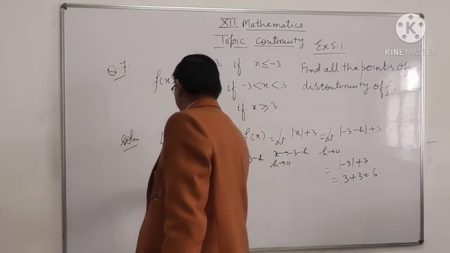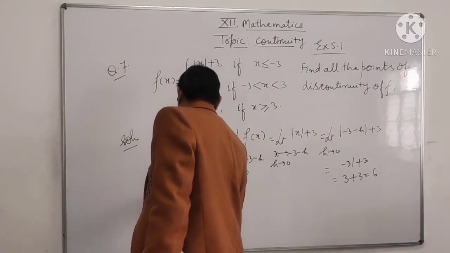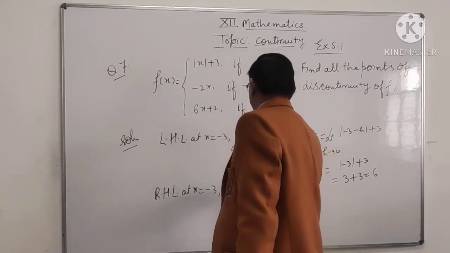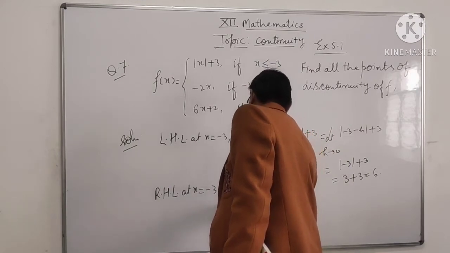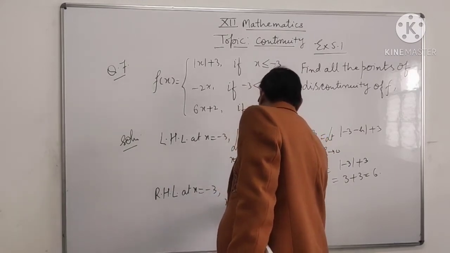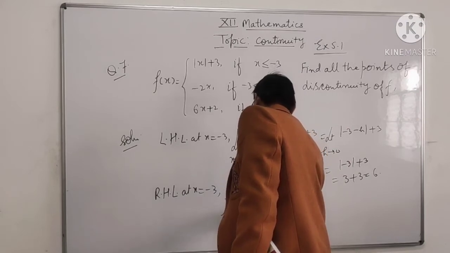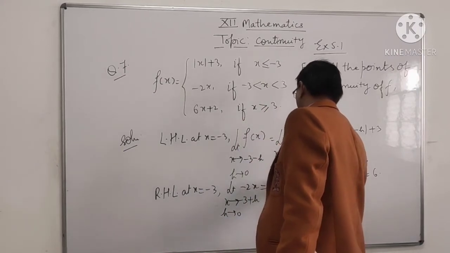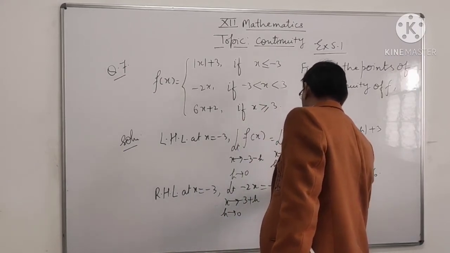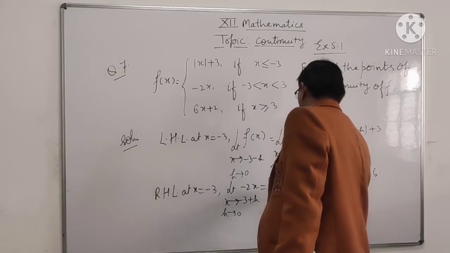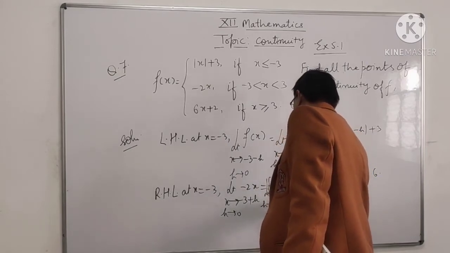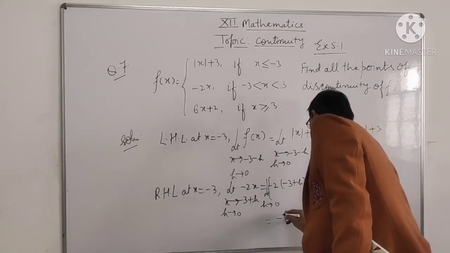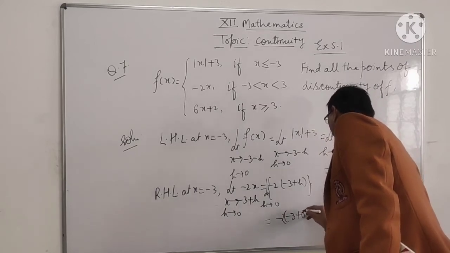Now let us find the right hand limit at x equal to minus 3. It is limit x tends to minus 3 plus h, h tends to 0. The function is minus 2x. It is minus 2 into minus 3 plus 0, which is 6.